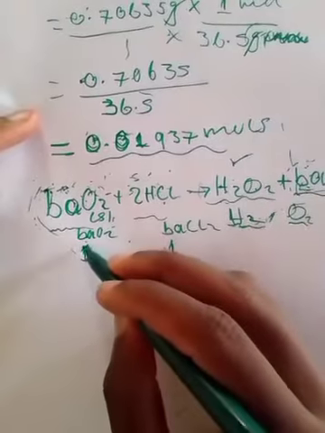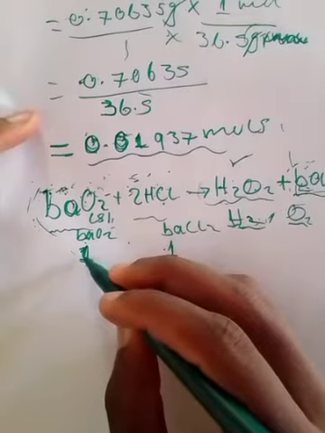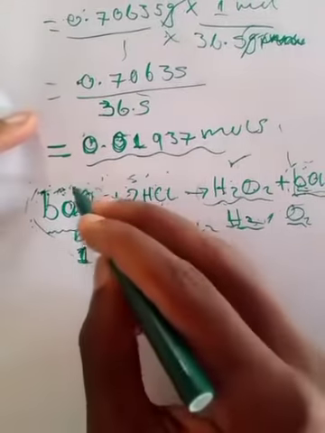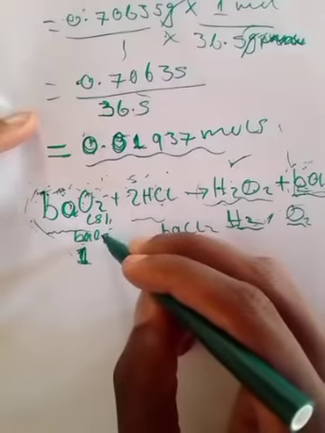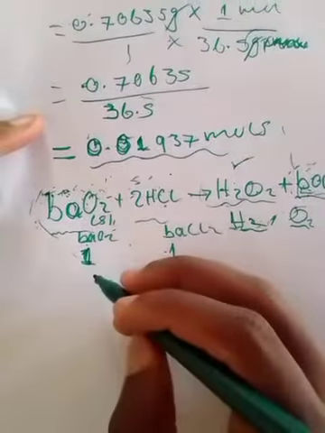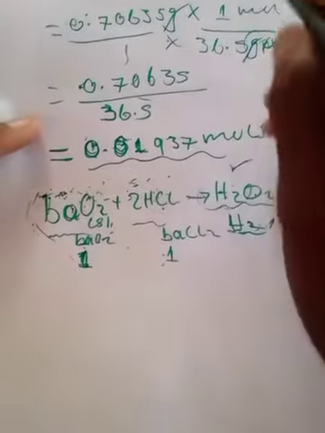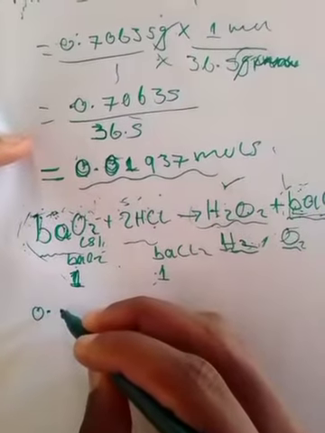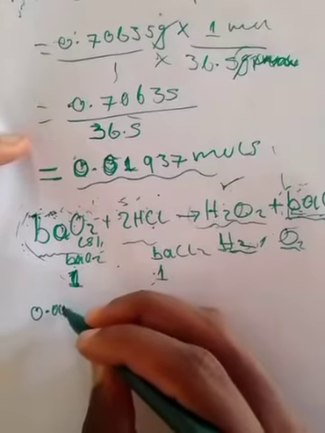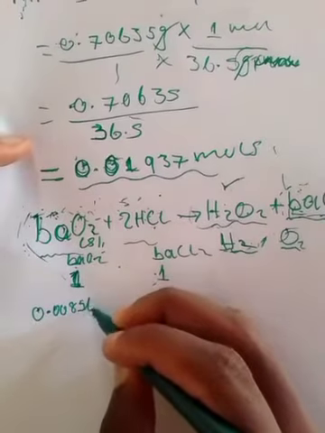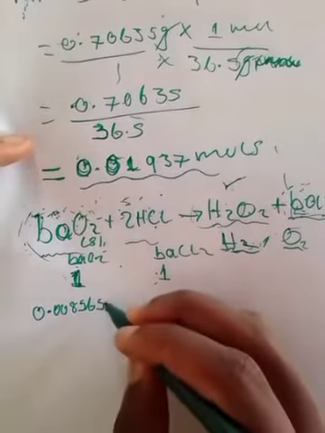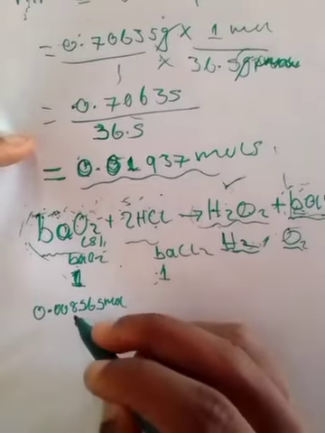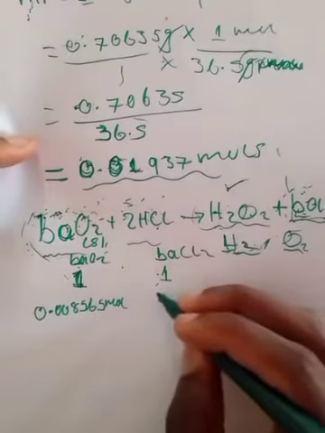Okay, so here you have 1, and then what's the number of moles for barium peroxide that you found? It was 0.008565 moles. Okay, and then for this one, you don't know it.